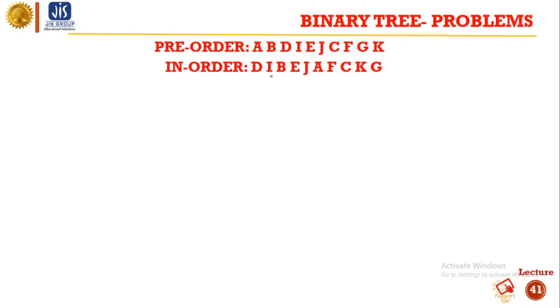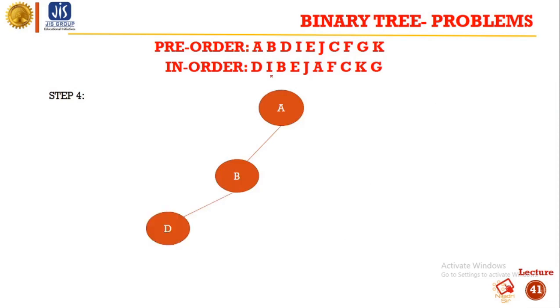Okay, now come to step 4. So this was B, then it was D, then I. Okay, so we'll do the next part. This was A. Next we will get B, our root, our parent.